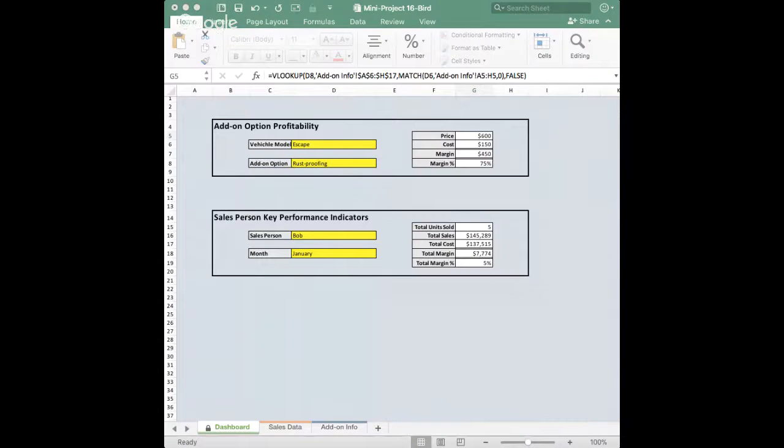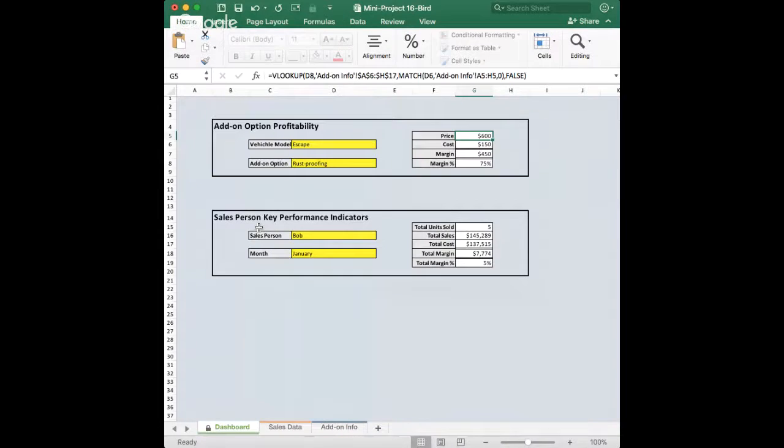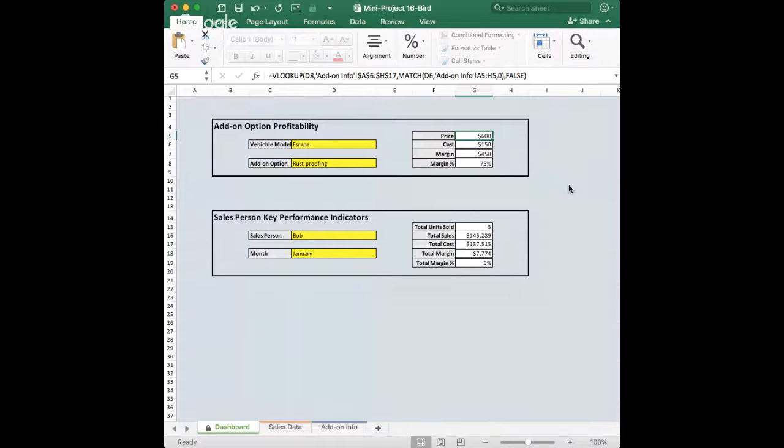Okay. Wait, why did you start off with the add-on option? For the add-on option profitability? No. Oh, you mean in here? Yes. Does it really matter? I guess not. I ended up with the right prices.